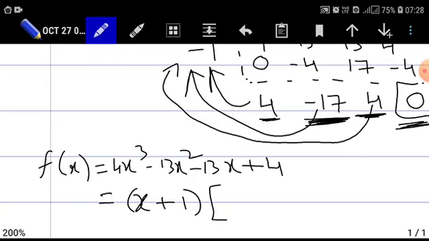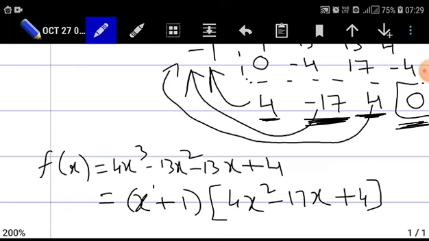We take this from the second order, because we already got x to the power of 1 here. So we consider 4 as 4x square, minus 17 as minus 17x, and the constant as 4.